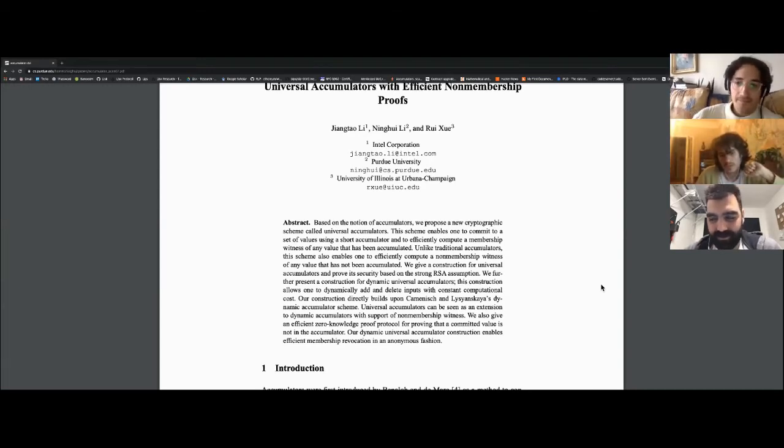And this single value can be used to verify some properties of the set. So for instance, you can verify that a certain element was part of this original data set. You can use them, for example, in Bitcoin. In every block header, you store a root, which is calculated from the transactions contained in the block payload. And then you can have efficient proofs of inclusion for any transaction into the block header.